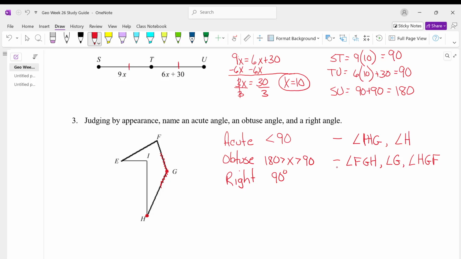Those are all referring to the same angle. Going back to this acute angle, what's another way of describing that angle? This IHG. You can change the order of the letters, can't you? GHI, good.